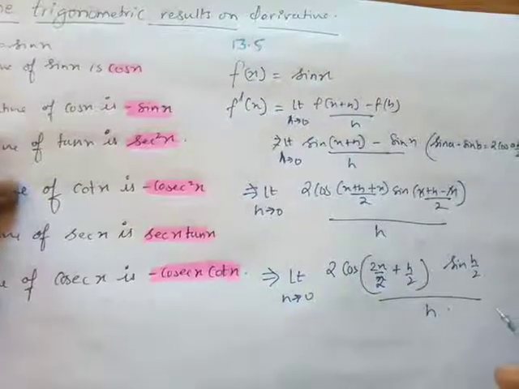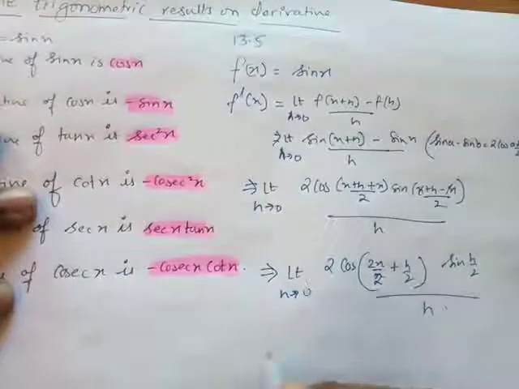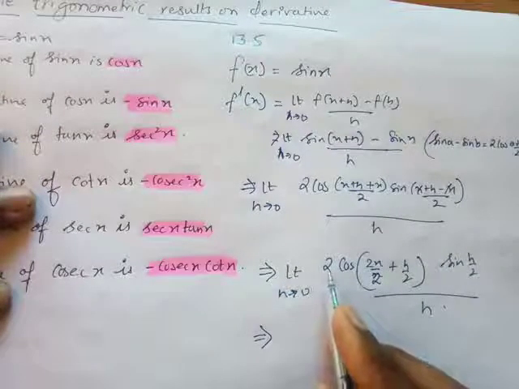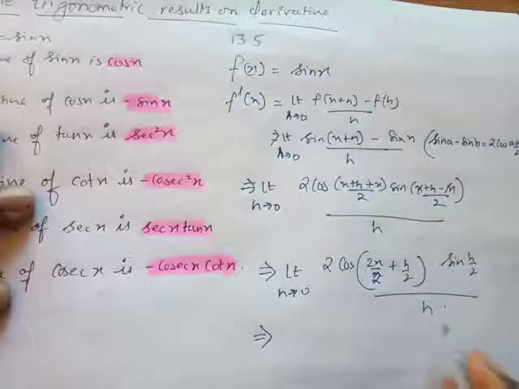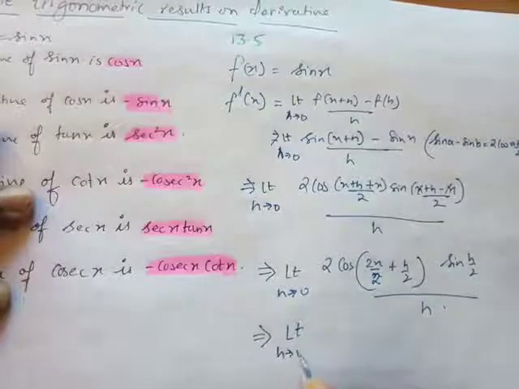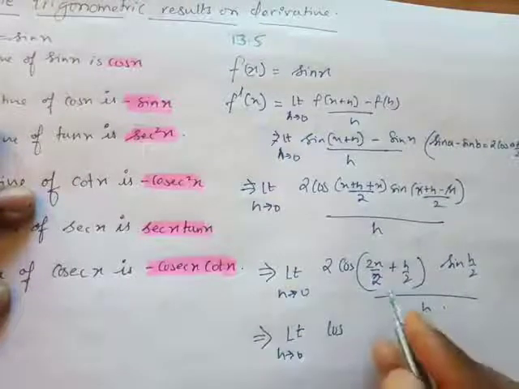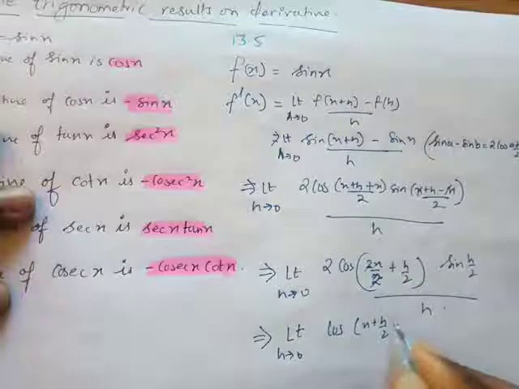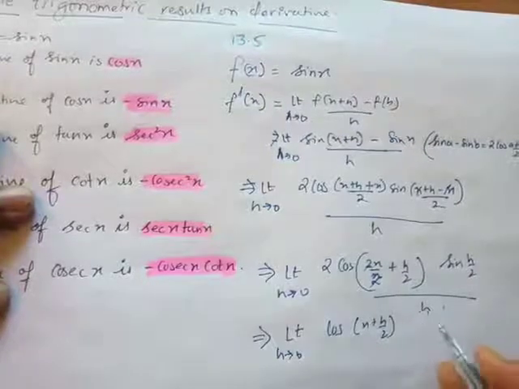I hope you are getting this. Now the 2 is over here, but I can take it down, and it will come under h. Why? I'm going to tell you why I'm taking it down. So cos, and the 2 and 2 will cancel, (x plus h upon 2).